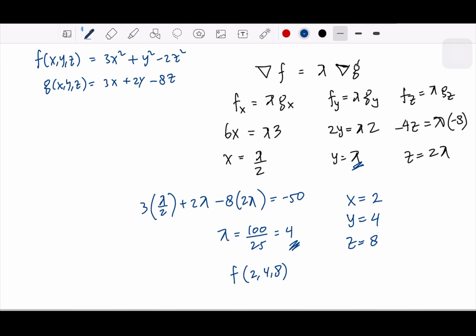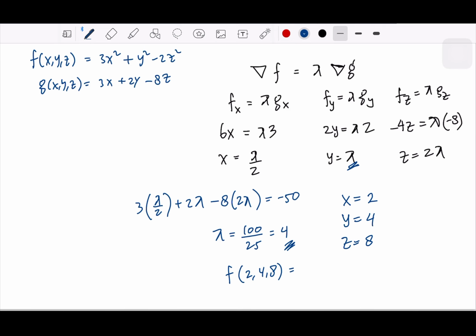If we plug into our equation, this will result in negative 100. And if you check other numbers, you can argue that this will be our minimum value.